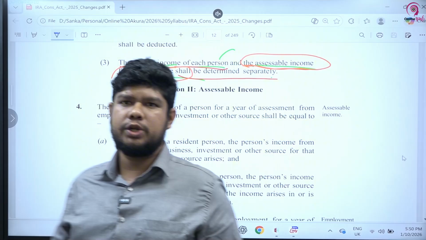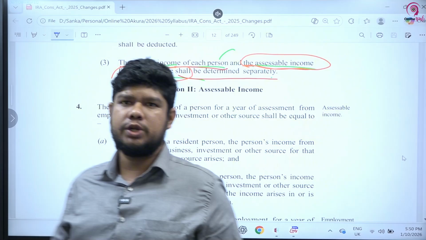What is the difference? Here it talks about the assessable income of a person for a year of assessment from these types: employment, business, investment and other sources.